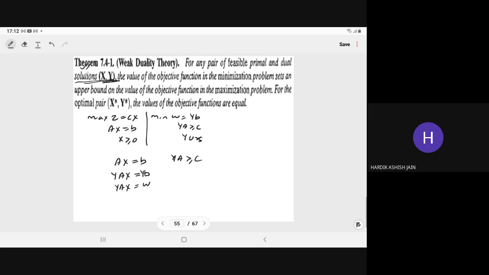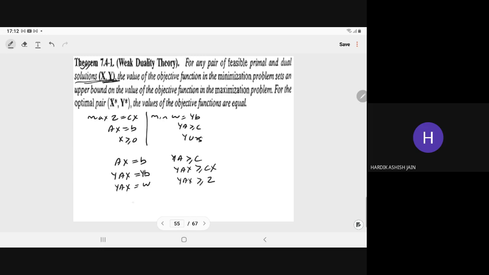Okay. So here yA ≥ c. If you post-multiply with x ≥ 0, we get yAx ≥ cx, and cx is z.